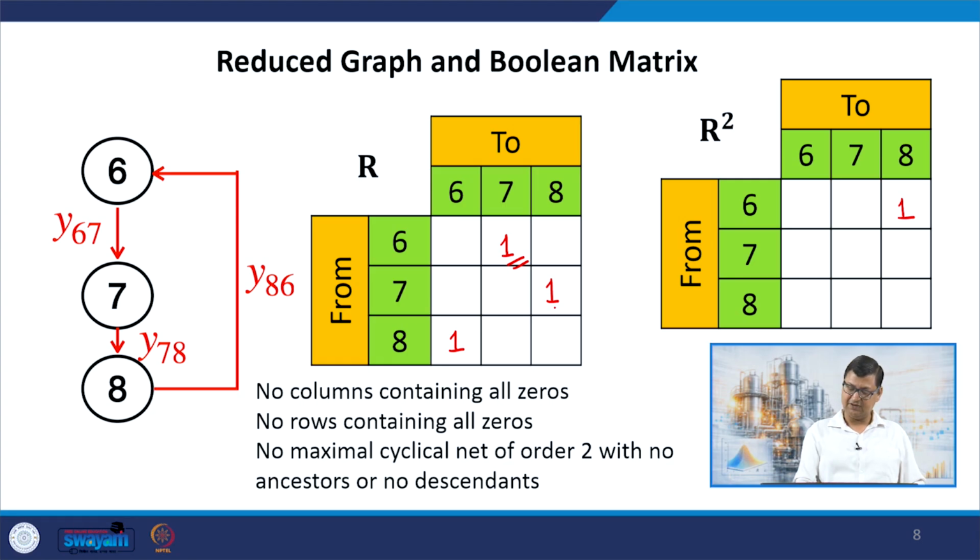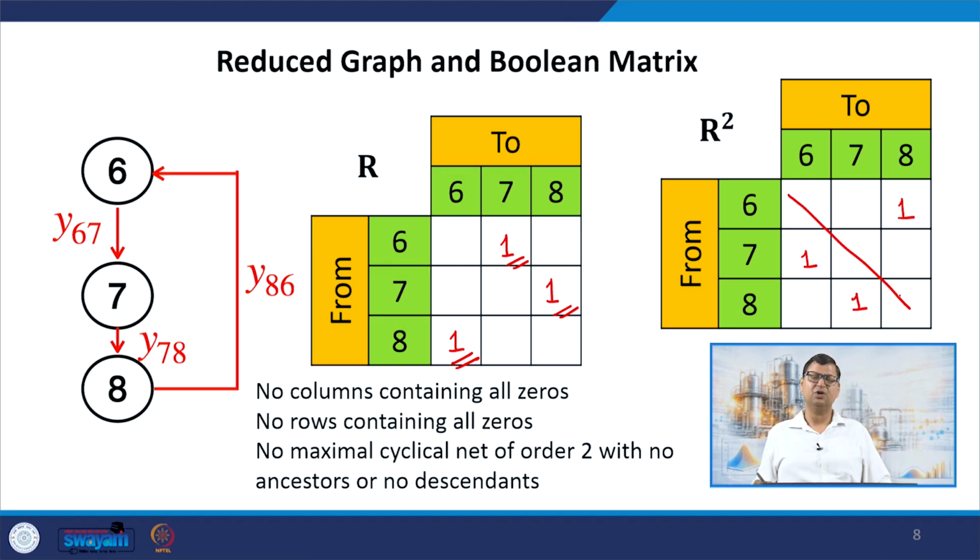Then for 7, the third element is 1, and the third element is 1 for the first column. And for 8, the first element is 1, and the first element is 1 for the second column. So we do not locate anything along the diagonals. That means we do not have any order 2 cyclical net, which is pretty much apparent from the reduced graph.